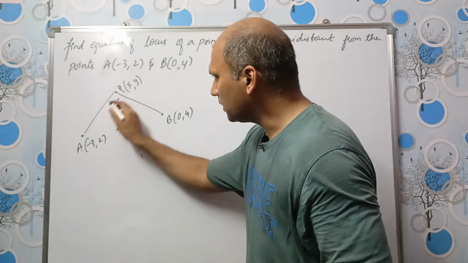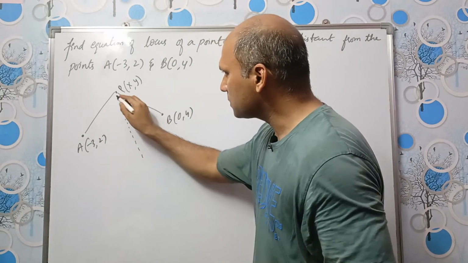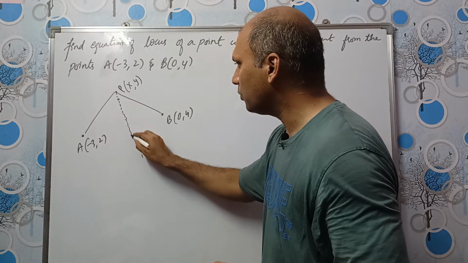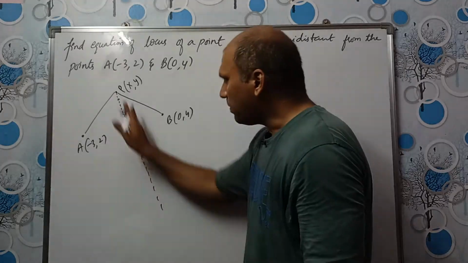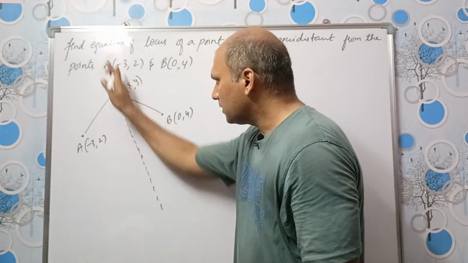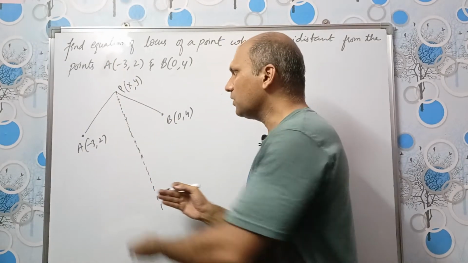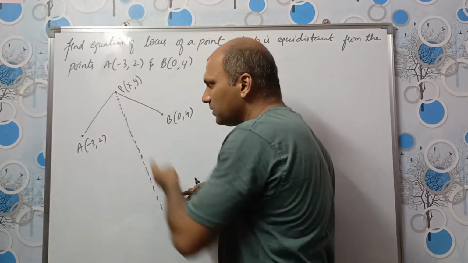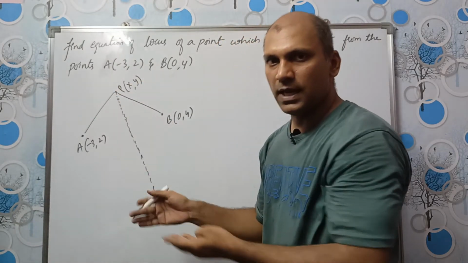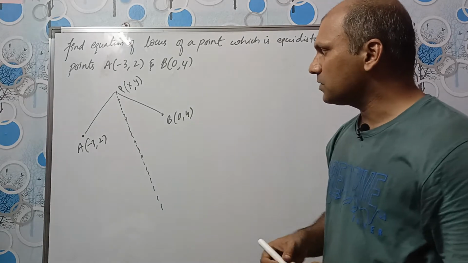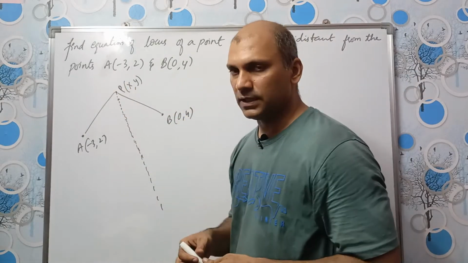This point is also at equal distance, so we'll have infinite points which satisfy this condition. The path traced by these points is the locus. What is the path being traced? A line is forming, right? A straight line. So we need to find the equation of this straight line.